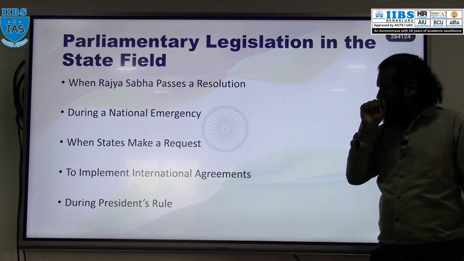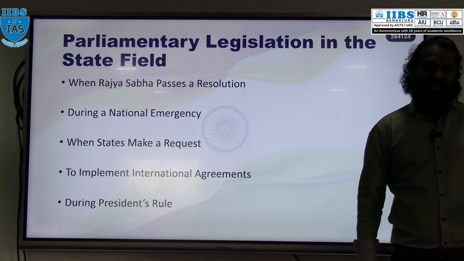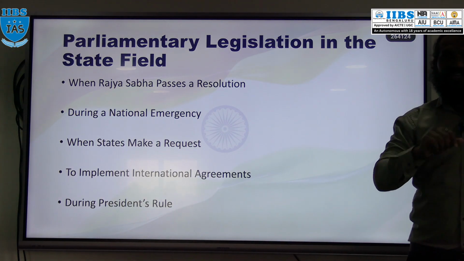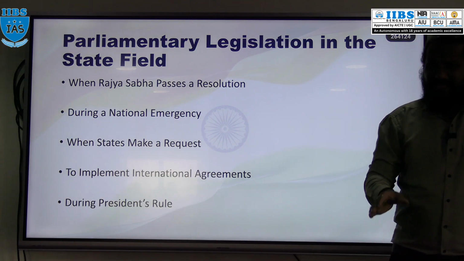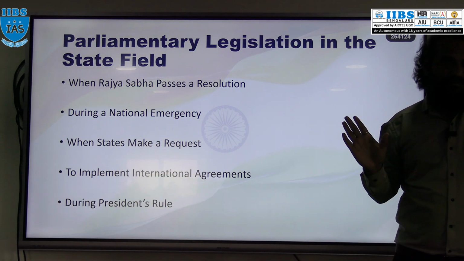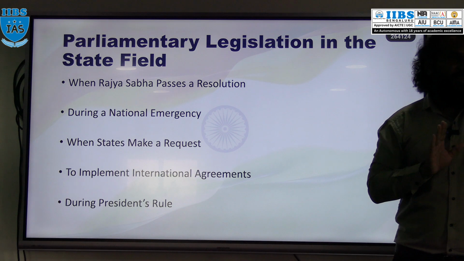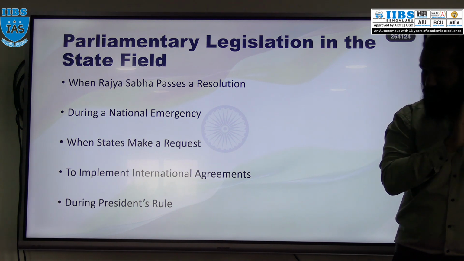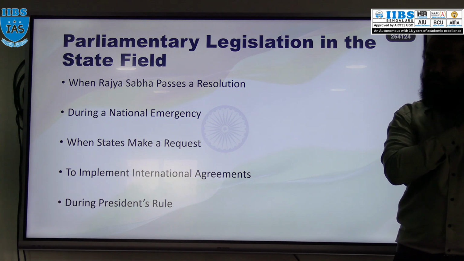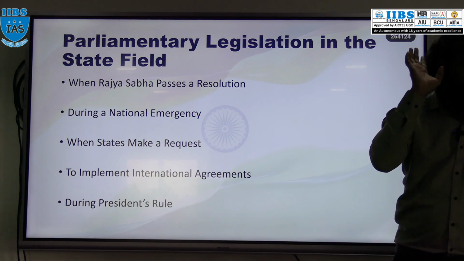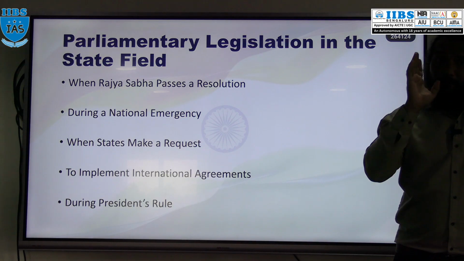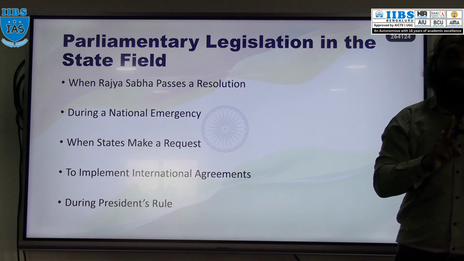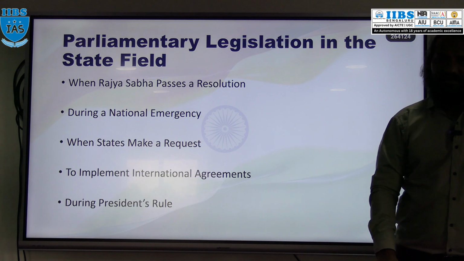Whenever there is an emergency, we discussed, during the national emergency under Article 352, the state legislature won't dissolve, please remember, and the state council of ministers and chief minister won't be removed or resign. National emergency we are talking about, right? But during national emergency, Parliament is empowered to make law in the state list. They can make it.